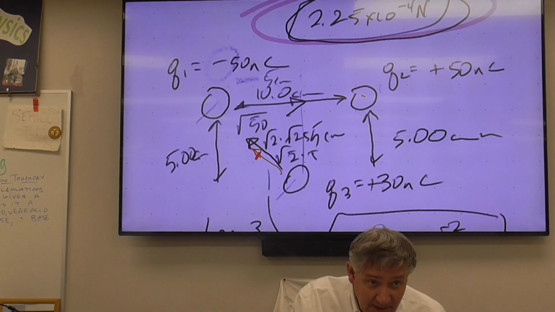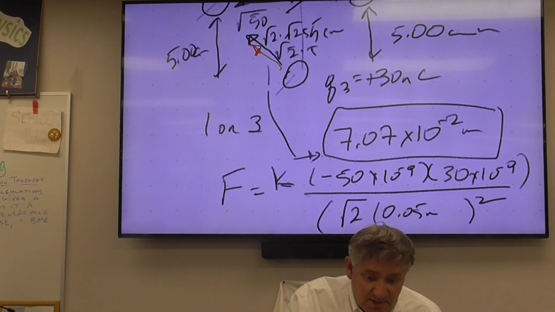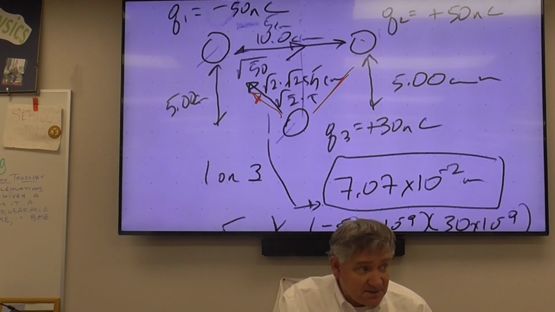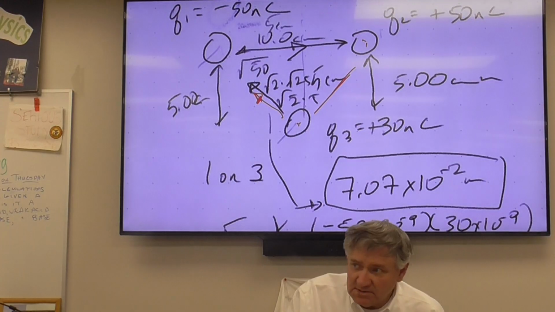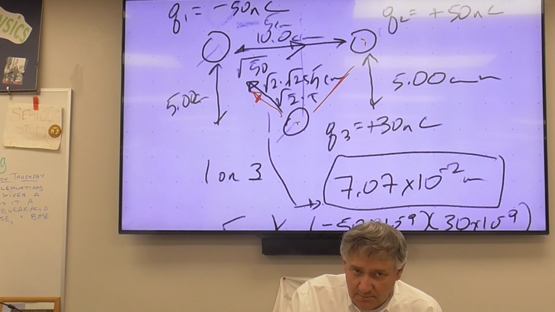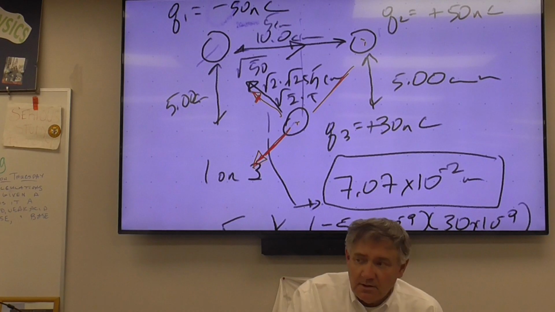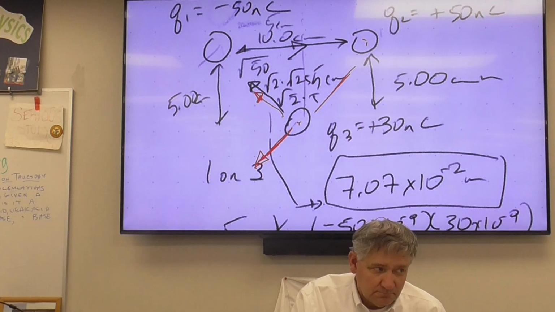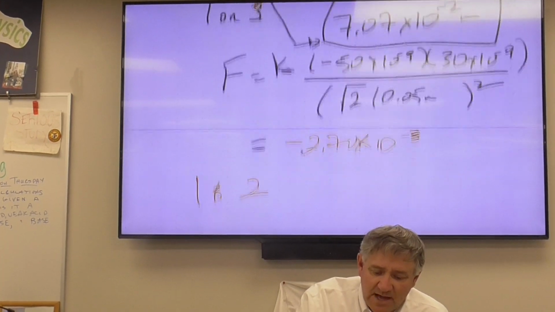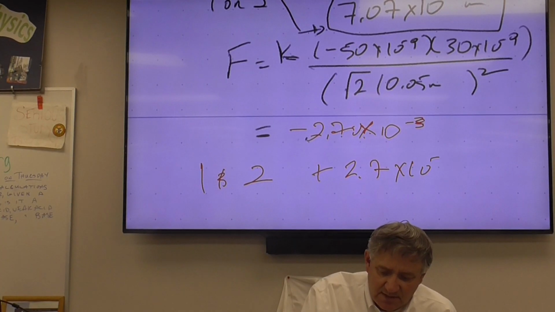So now I've got positive 50, I still got a positive 30, and the distance is still going to be the same. So in terms of this, what's going to happen? It is going to push, it's going to try and push it this way. True? So that's going to be positive 2.70 times 10 to the negative third.